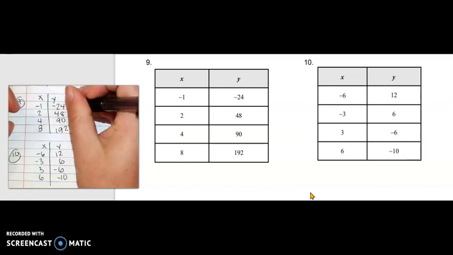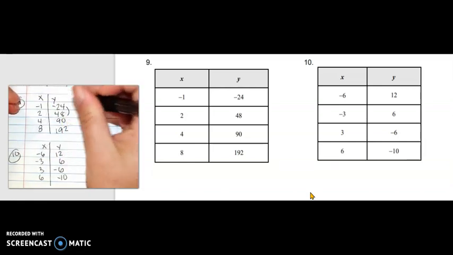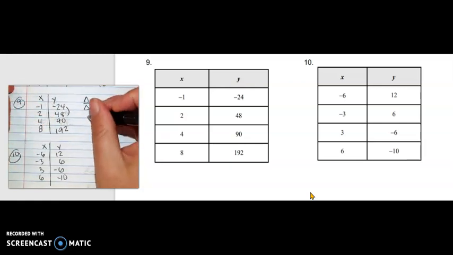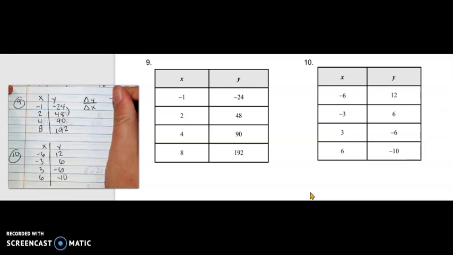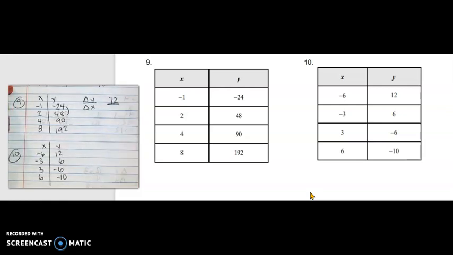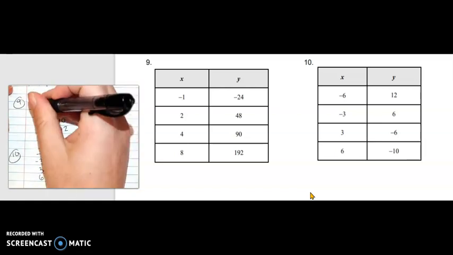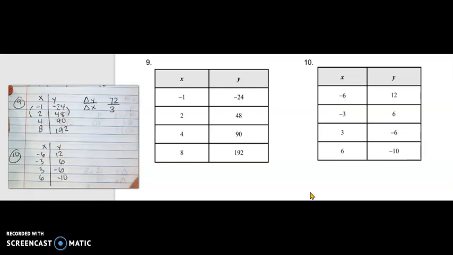So between 48 and negative 24. From negative 24 to positive 48, that is 72. And from negative 1 to positive 2, that is 3. And 72 divided by 3 equals 24.